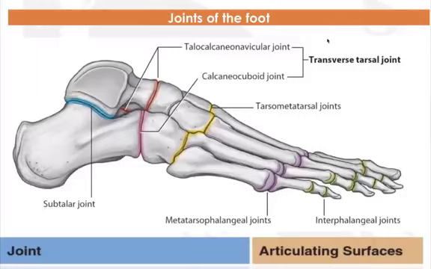The third one is the calcaneocuboid joint. The calcaneocuboid joint is a plain synovial joint. What are the articulating surfaces? You can see clearly the anterior end of the calcaneus articulates with the posterior surface of the cuboid.